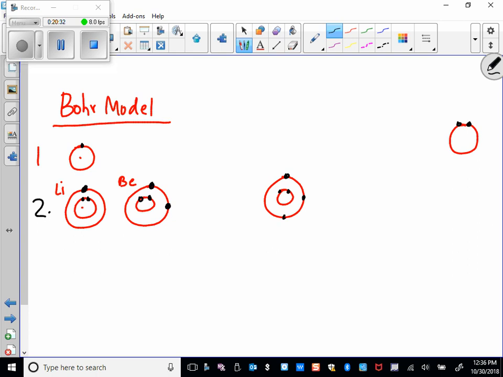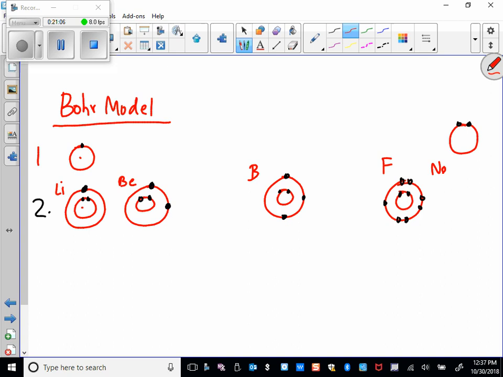So how many in the outer energy level? 3. I'm going to jump to fluorine. Fluorine is also in the second energy level. Fluorine has total 9 electrons. 2 in the innermost. So if you subtract 2, how many will go in the outermost ring? 7. Is that right? 7 plus 2 is 9.